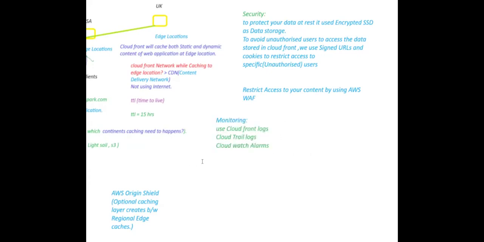So now let us see the real-time implementation of this CloudFront. So when do we use this CloudFront? Do we use this for hosting? Do we use this for caching only, or static content, or dynamic content, or both?